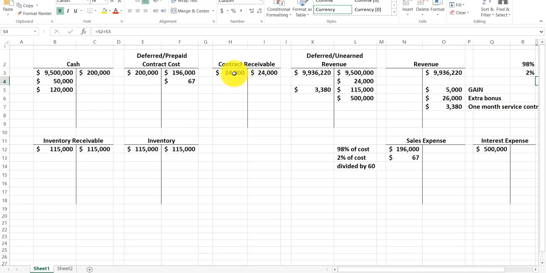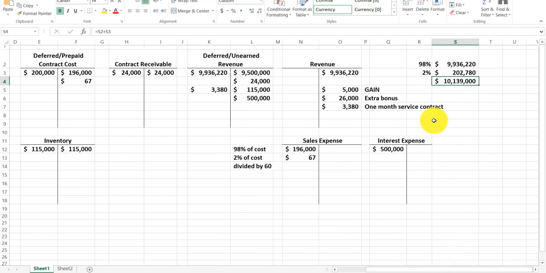So we debit contract receivable and credit the unearned revenue. So that's our total contract amount, or $10,139,000. So that's our contract price, step 3 of the process.